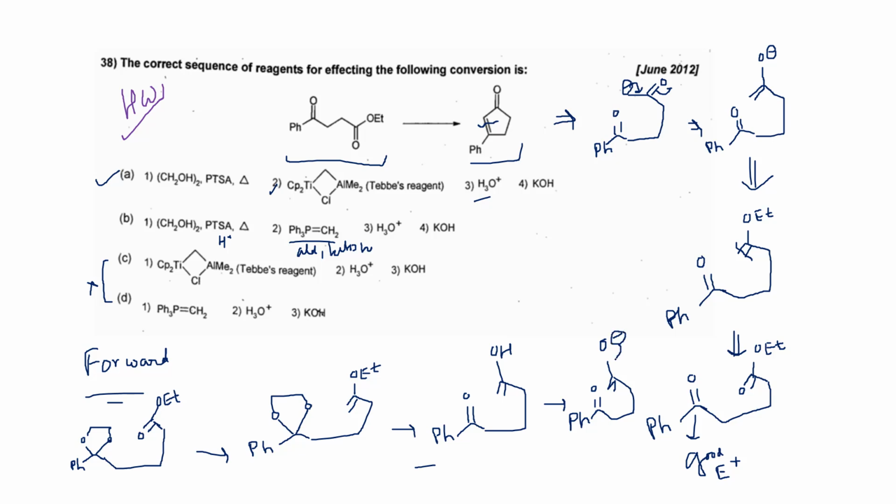Now it has a great probability that it will come here, and this will attack here, and then elimination of OH, and we get this as our product. Okay, so the correct option is option A.